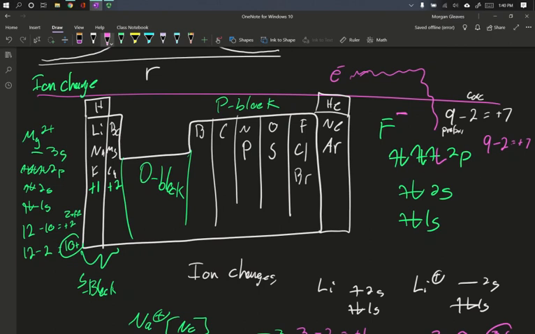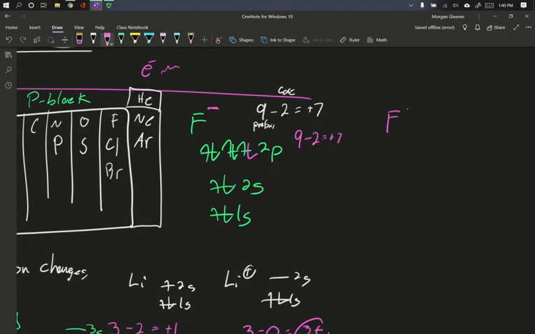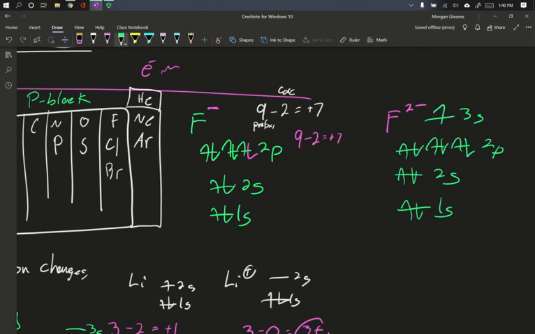Why do we only pick up one electron, though? Why not go to F2-? If we did that, we would have our 1s, our 2s, our 2p's, and a 3s, because fluorine 2- is going to have 11 electrons: 1, 2, 3, 4, 5, 6, 7, 8, 9, 10, 11. To get that second extra electron on the fluorine, it has to go to the 3s. It has to go way up in energy to another shell.